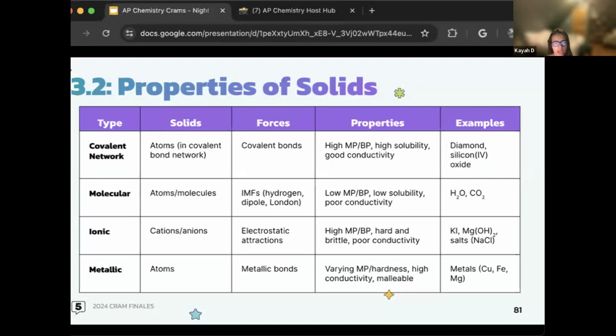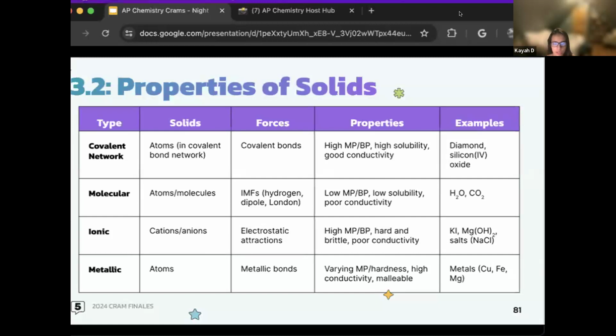For ionic solids, you have cations and anions held together by electrostatic attractions. The properties of these are high melting and boiling points. They're hard and brittle, and they have generally poor conductivity. Some examples of this are KI, MgOH, salts in general, and NaCl.